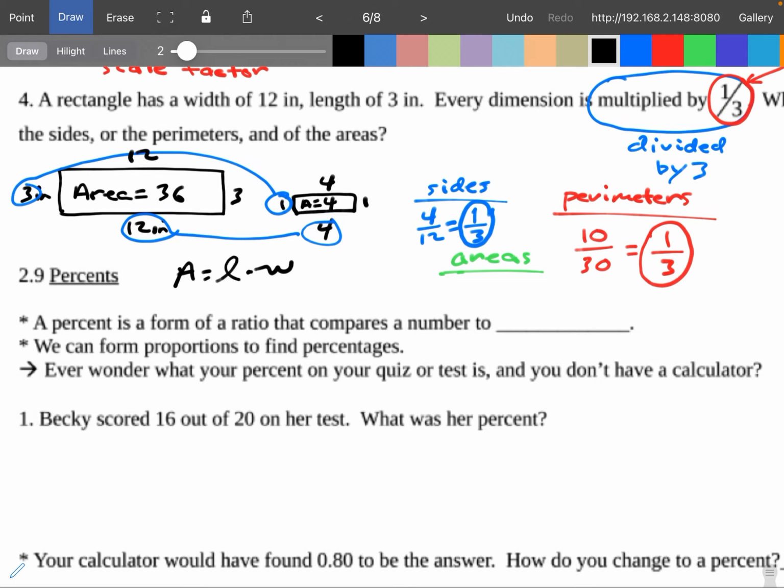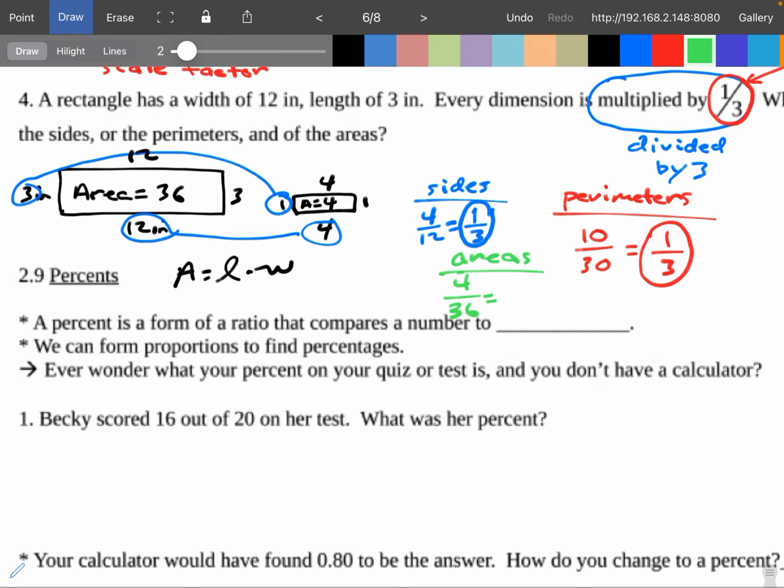And then for the little one here, the area would be, that's hard to write in there. It'd be 4 times 1, right? Is 4. Well, let's do the ratio of the little over the big with the areas. 4 over 36. Yep. So the little area would be 4 over the big area would be 36.